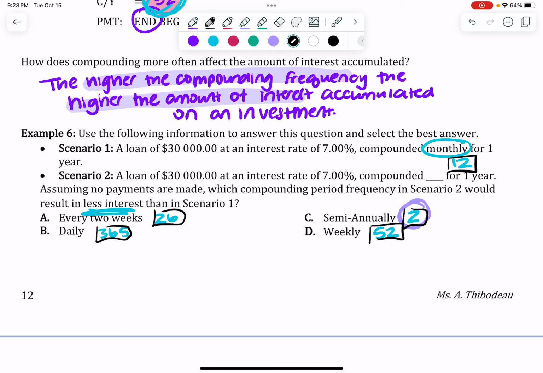So if we're just playing the game here, we also should be pointing out that semi-annually would be the one that stands out from this answer set. Okay, and that's it.